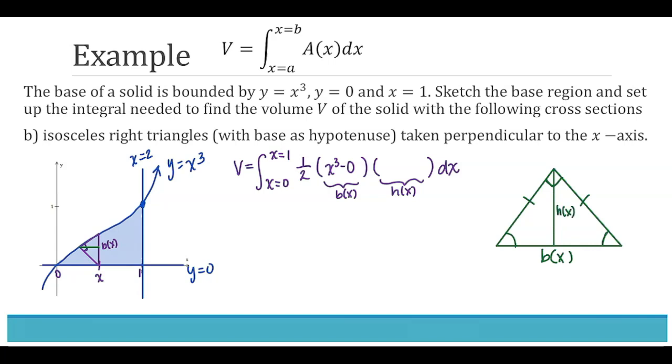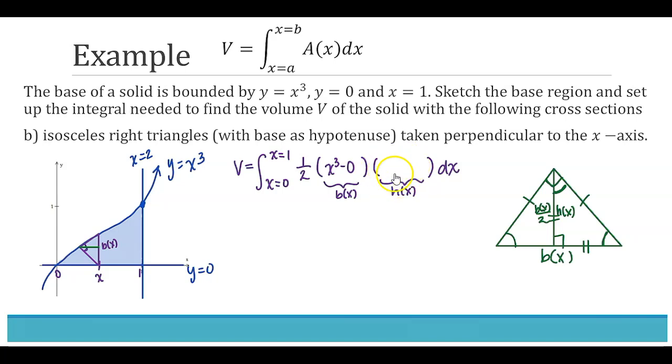So if I construct this perpendicular, this angle bisector here, this is going to be 90 degrees, and if this angle right here in the corner was 45, this angle up here must also be 45. In other words, this is also an isosceles right triangle, so that means these two side lengths are the same. Well, if I cut this base in half here, then this is b over 2, so that means that the height is also b over 2, or b of x over 2.